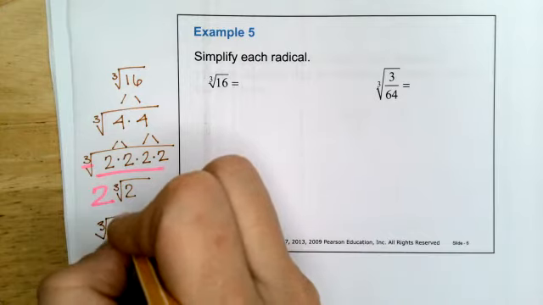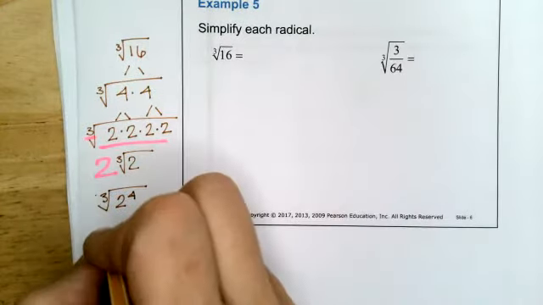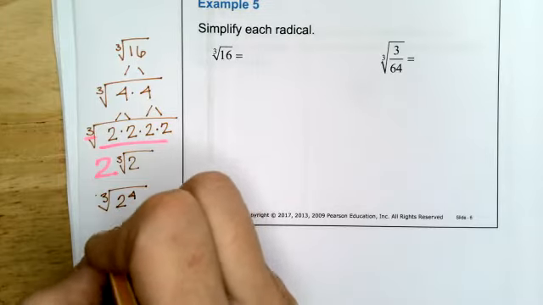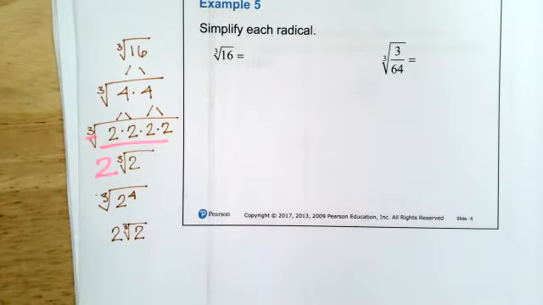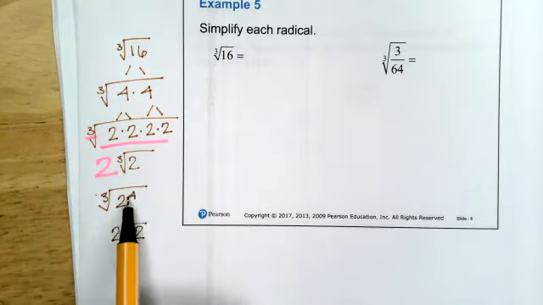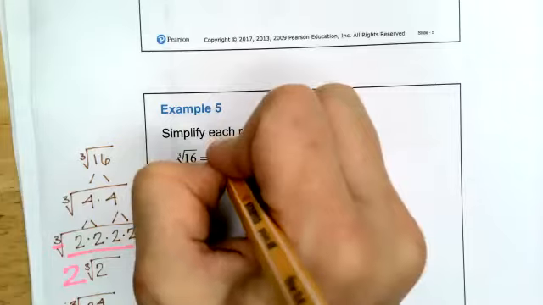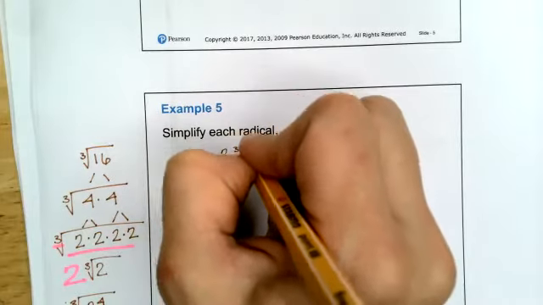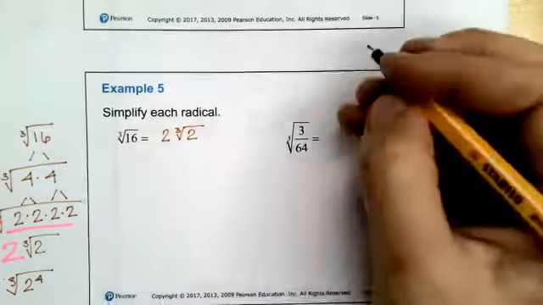If you take 4 and divide it by 3, what do you get? You get 1, remainder 1. Okay, so you can also divide. 4 divided by 3 is 1 with the 1 left over. Cubed root of 16 is 2 cubed root 2, not square root 2.